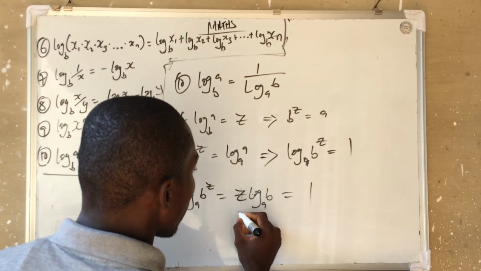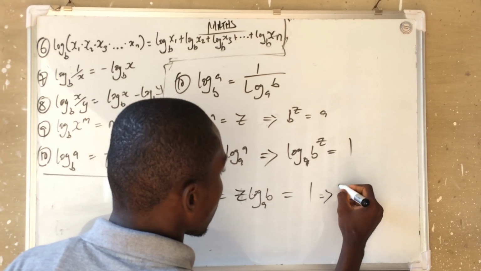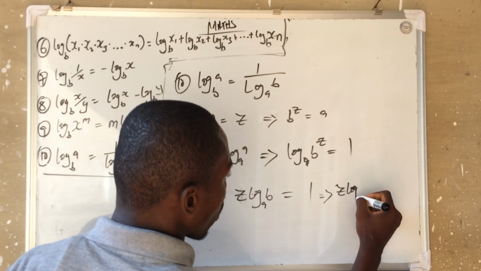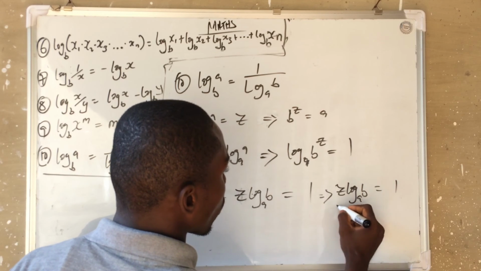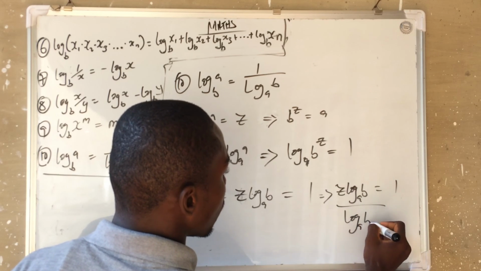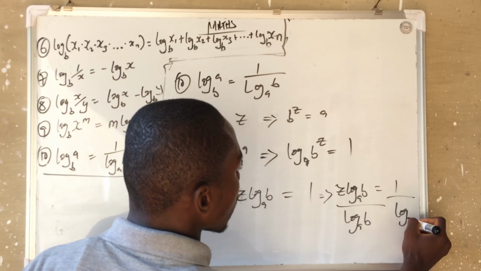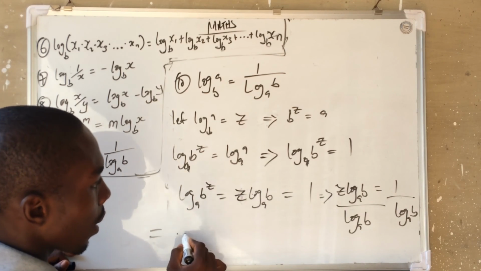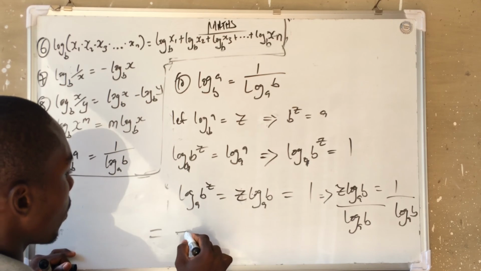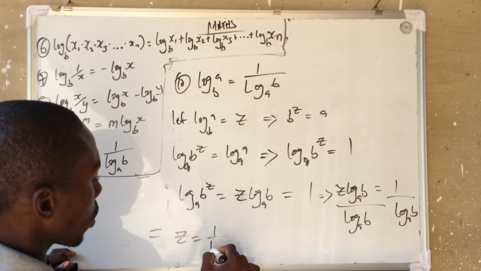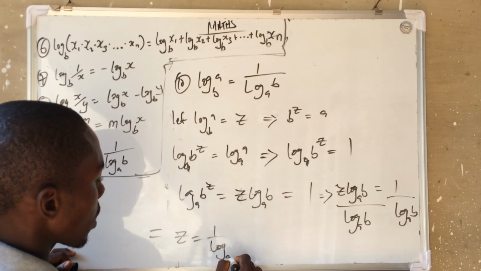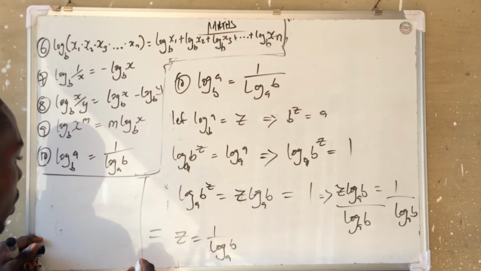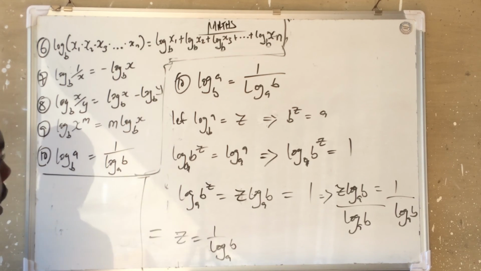When I divide both sides by log base a of b, I get z is equal to 1 over log base a of b.